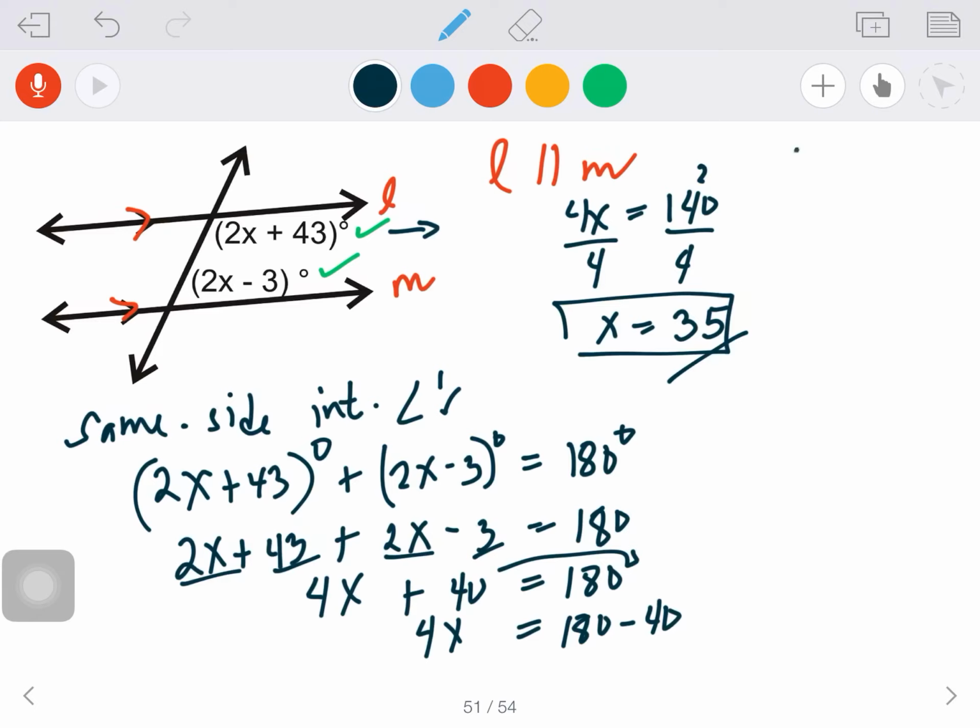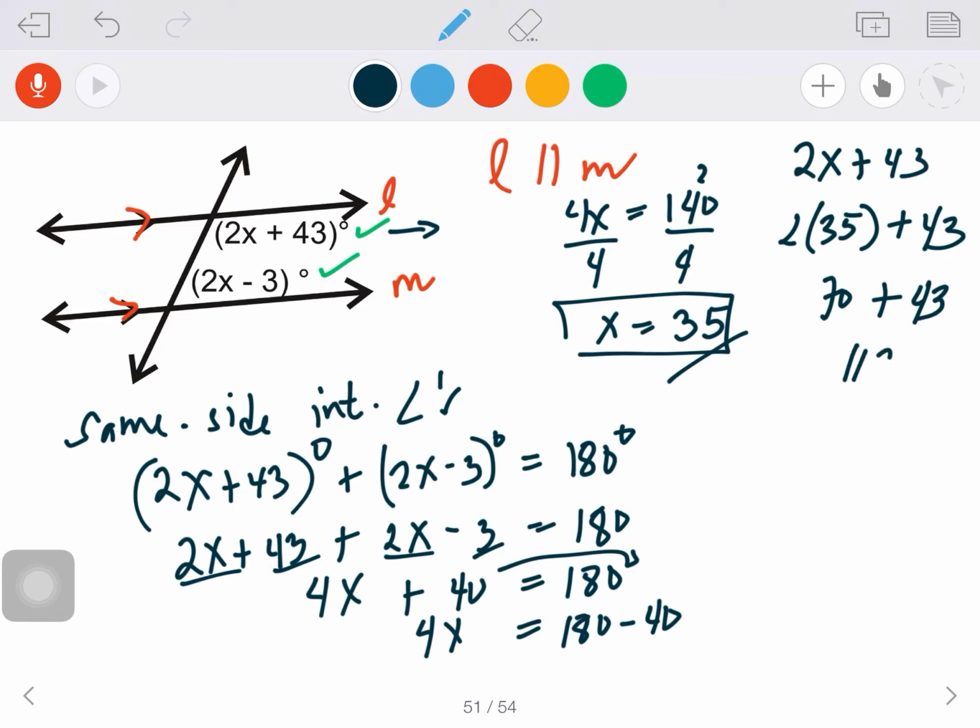So if this is 2x, we're talking about that angle, 2x plus 43. If x is 35, it becomes 2 times 35 plus 43. So that angle is 70 plus 43 equals to 113 this time degrees. So that's the first angle.